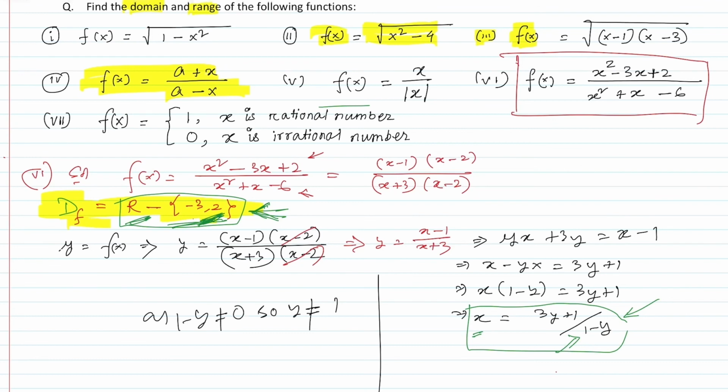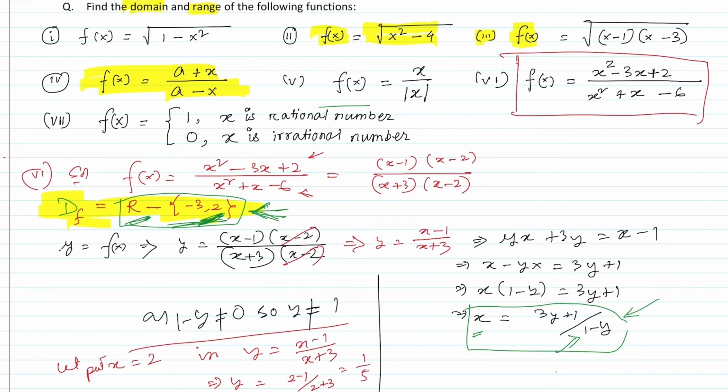So let us put x is equal to 2 in y is equal to x minus 1 by x plus 3. If you put 2 here, then 2 minus 1 by 2 plus 3, that's going to be 1 by 5.